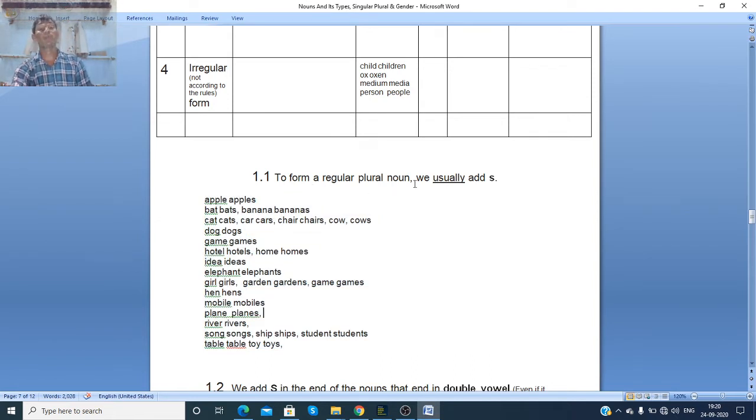To form regular plurals, we usually add s, and these are examples in alphabetical order: apples, bats, cats, dogs, games, hotels, elephants, girls, hands, mobiles, plants, rivers, songs, tables.